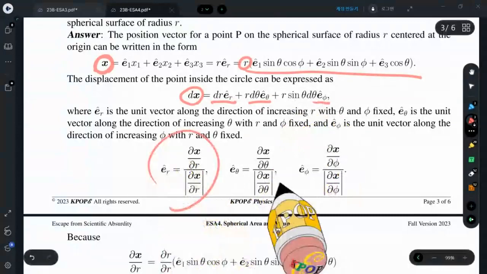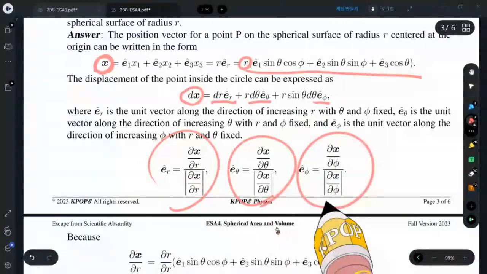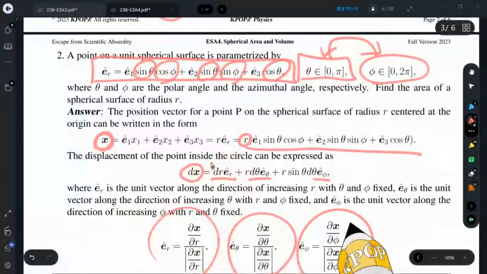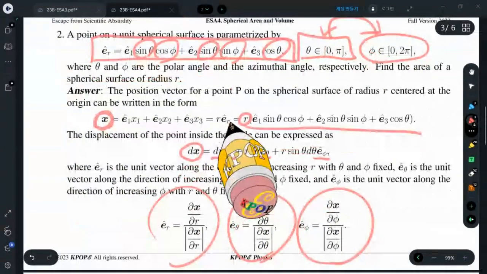You can compute these using this expression or explicitly.